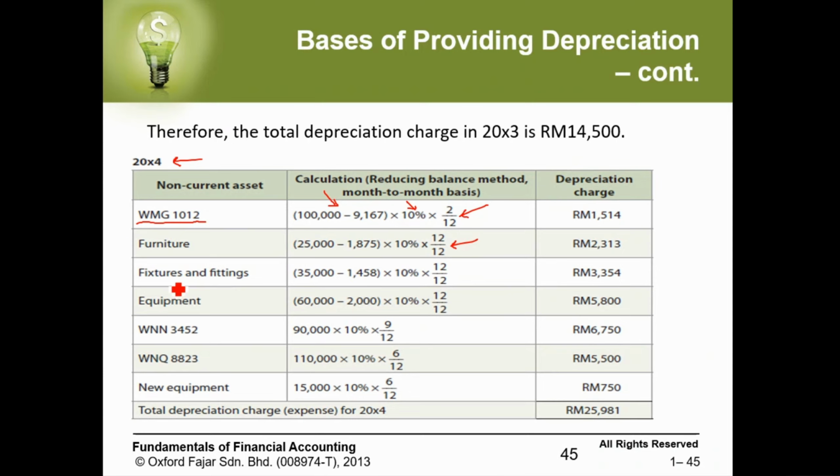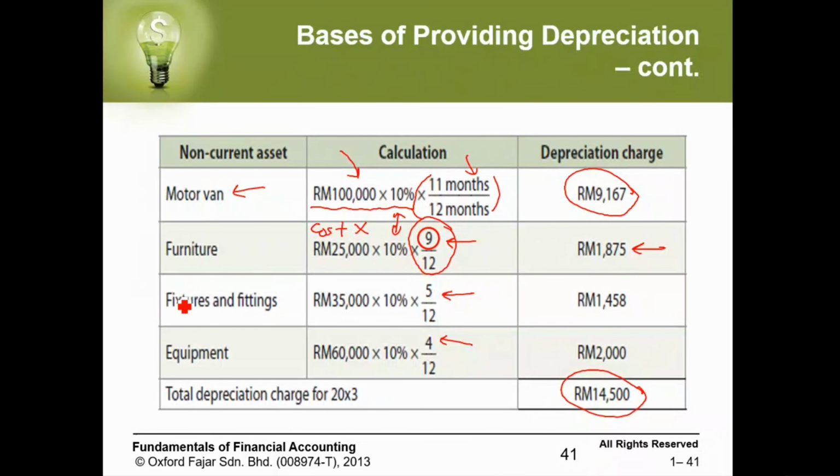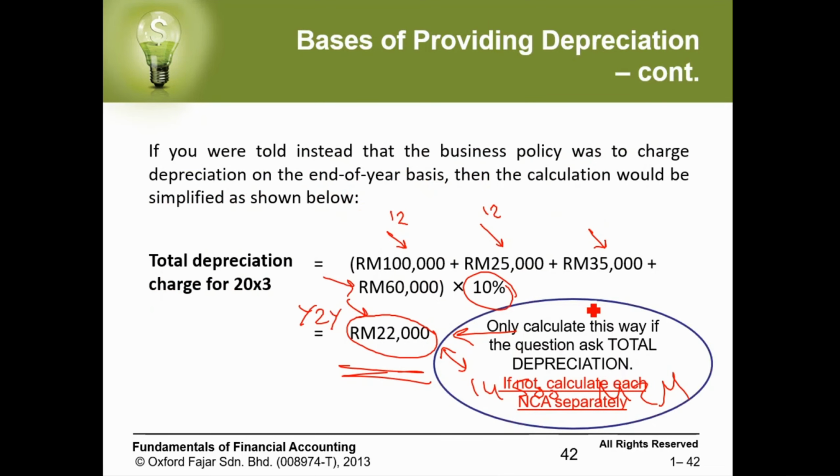The third, we have the fixture and fitting. Again, if you remember, here are the previous assets we have from the previous year. Then we will think about the new assets. So this one we already sold. Then the furniture we already calculated. The fixture and fitting, when we put it at 35,000, the carried value is 35,000 minus the previous depreciation, which is 1,458.